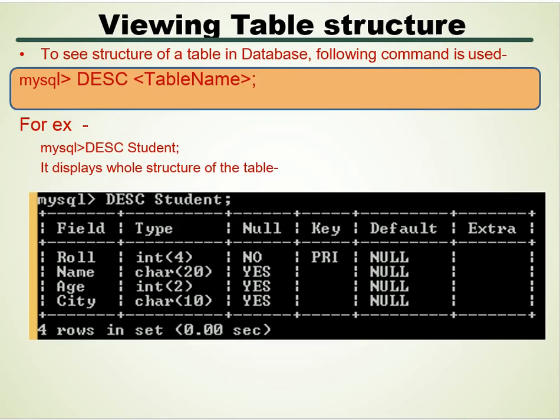It means you can't leave this field empty or blank. It means you must enter some value in this field. That's why the null value is no, and for the rest of the fields, name, age and city, null value is yes. It means you can leave these fields blank.